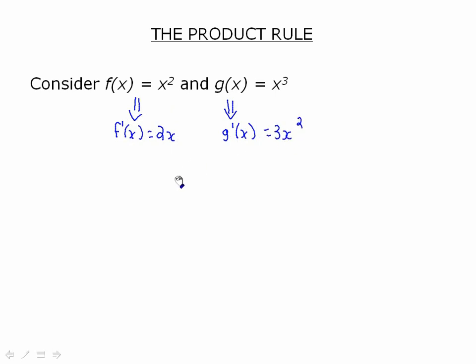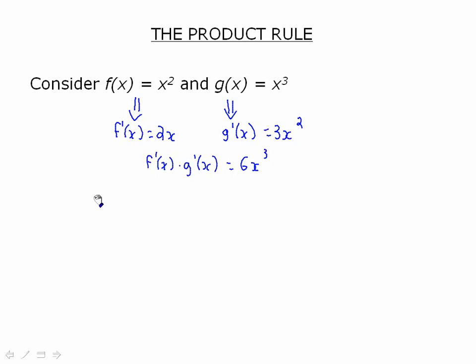And then, if you were to multiply them together, f prime of x times g prime of x, you would get 6x to the 3. So what I did, I differentiated each factor first, or each polynomial first, then multiplied them together.